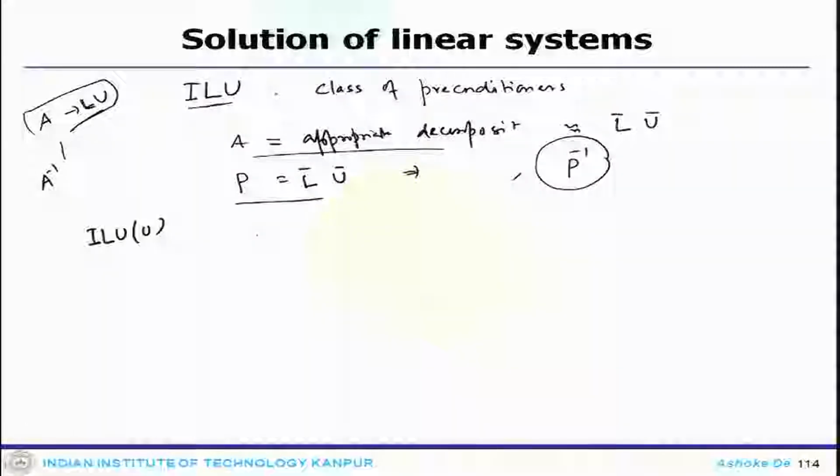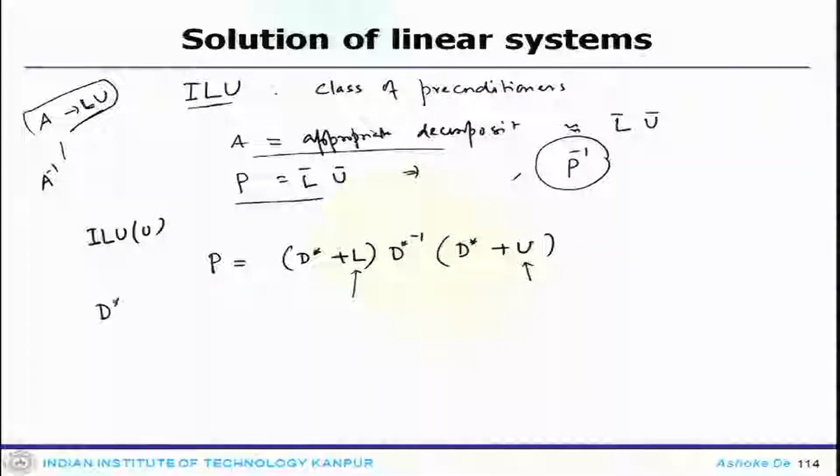Now, also one can possibly write P as D star plus L, D star inverse, multiplied with D star plus U, where L stands for lower triangular matrix, U stands for upper triangular matrix.